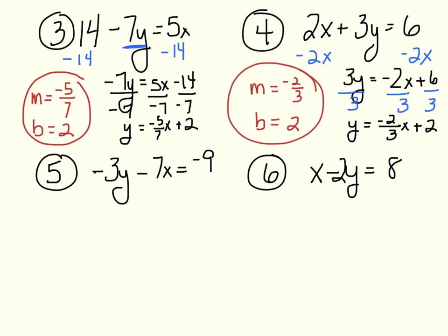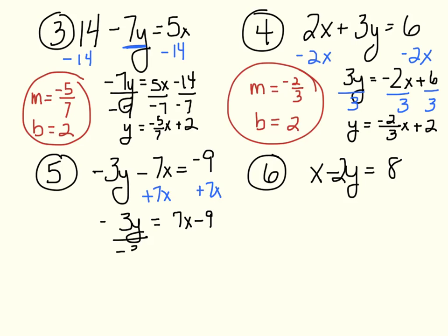Number 5. Negative 3y minus 7x equals negative 9. I first move my x term, and then you divide by the coefficient of y. So the x term is negative 7x, which means I have to add 7x. That gives me negative 3y equals 7x minus 9.